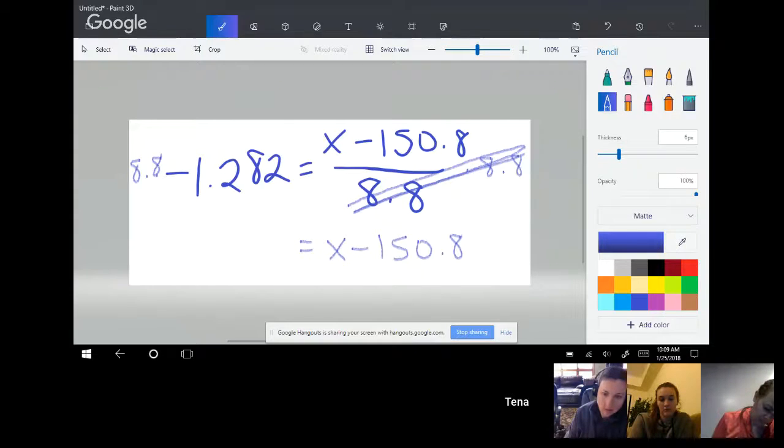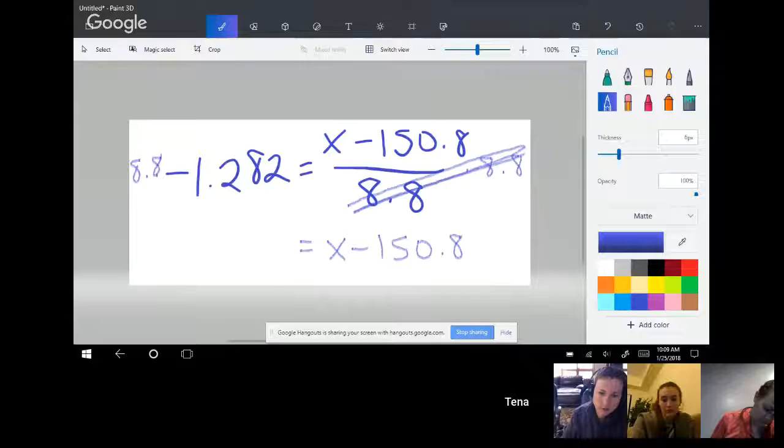What is 8.8 times negative 1.282? Let's see. Times negative 1.282. Is it negative 10.8? Maybe the calibrations on your calculator are a little off. Did you miss a decimal someplace on accident?